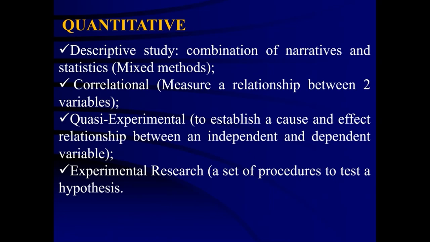You want to see if the results that you got from one approach can be confirmed by the other approach. So normally in a descriptive study, people will use a mixed method to try to bring the balance between the two, or to use the results of a particular approach to confirm the other.